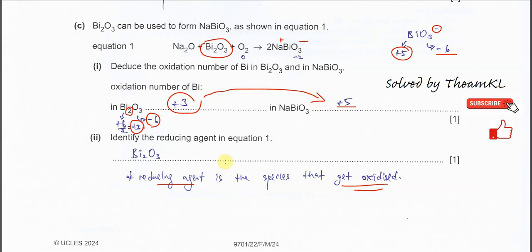So since the bismuth oxide gets oxidized, therefore we know that the reducing agent must be this bismuth oxide. So this is how you identify the reducing agent and the oxidizing agent. So again, remember, the reducing agent is the one that gets oxidized, meaning its oxidation number increases. Okay, like in this example.